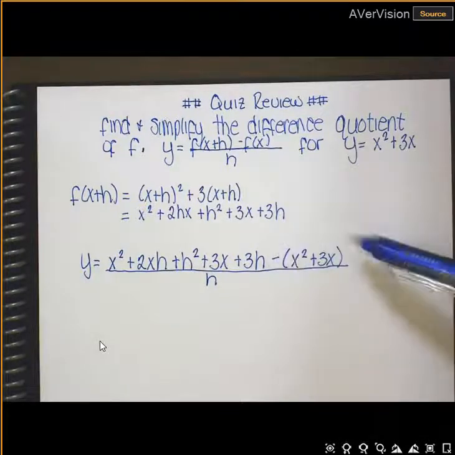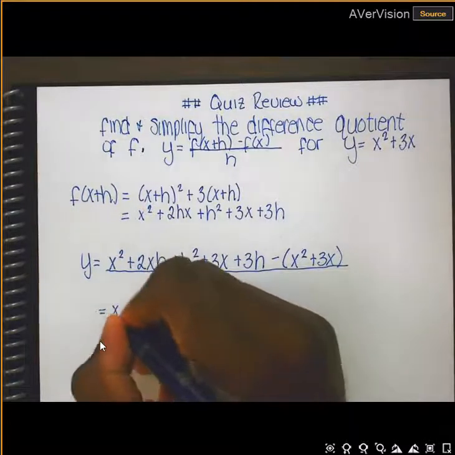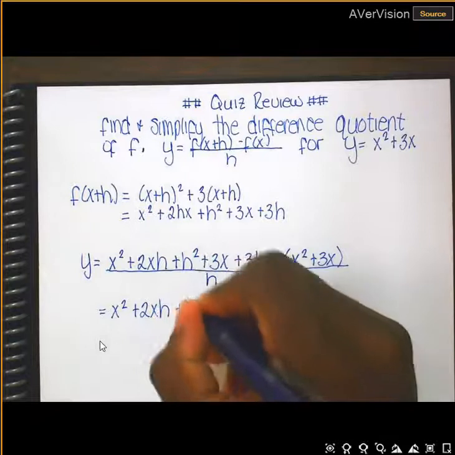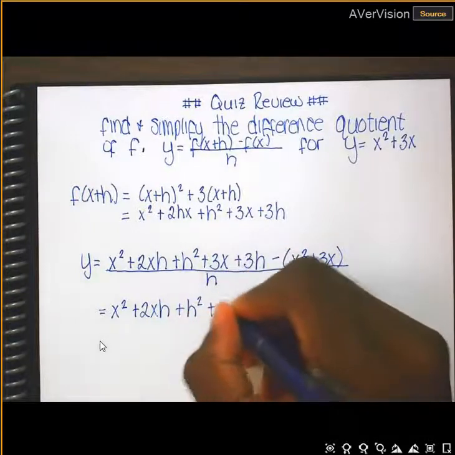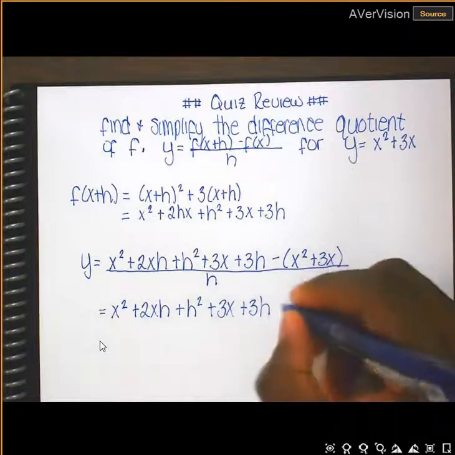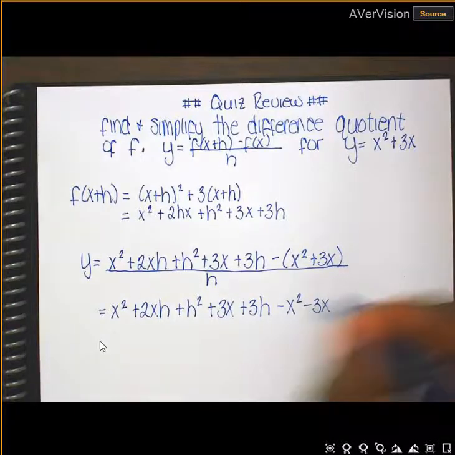And you're going to have to distribute that minus. So we get x squared plus 2xh plus h squared plus 3x, 3h minus x squared minus 3x.